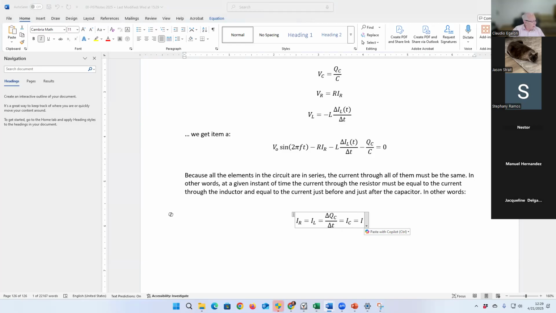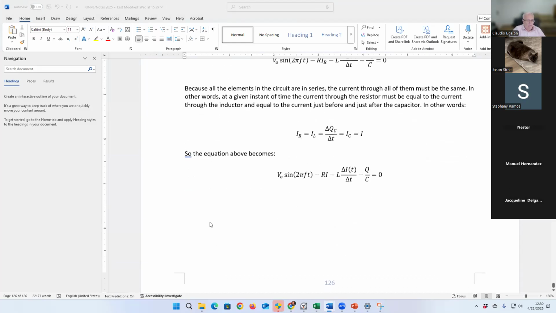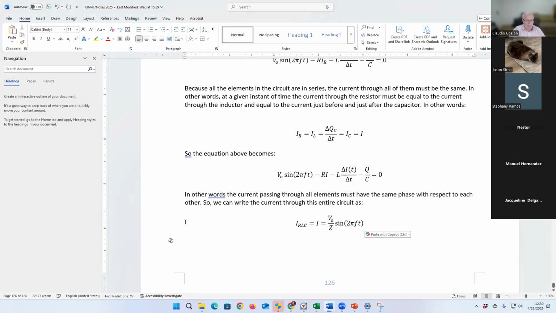And then we can rewrite our equations by dropping the subscripts. Okay, dropping every subscript. And now I rewrite the current as the reference of my circuit.